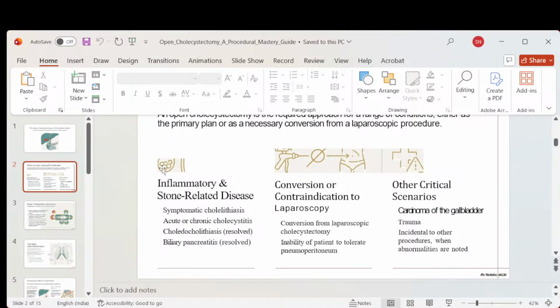Conversion from laparoscopic cholecystectomy, or inability of a patient to tolerate pneumoperitoneum. In case of a patient having COPD, most of the time the patient is subjected to open cholecystectomy. Other critical scenarios include carcinoma of gallbladder, trauma, and incidental to other procedures when abnormalities are noted.